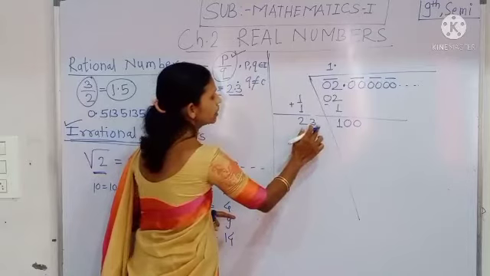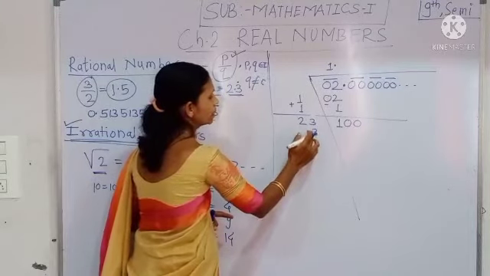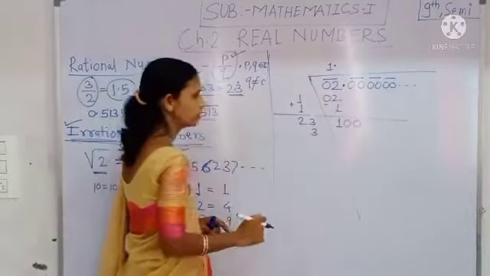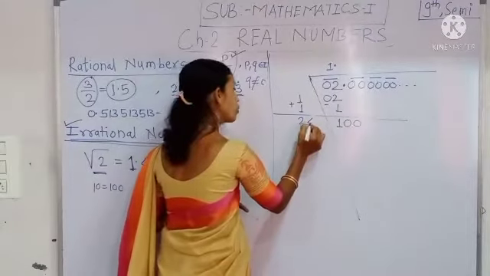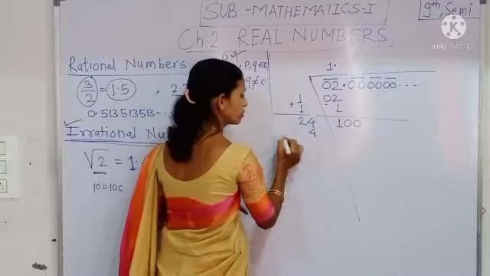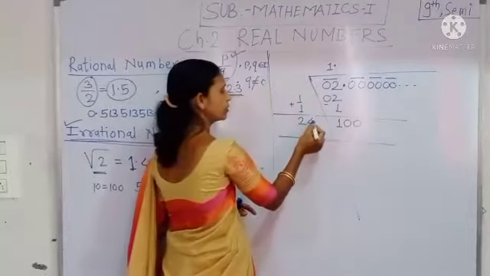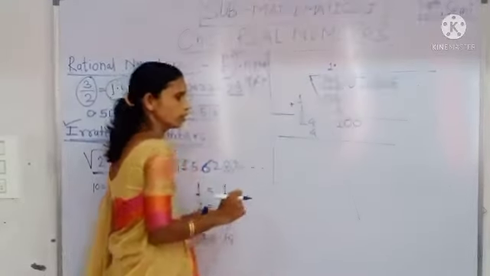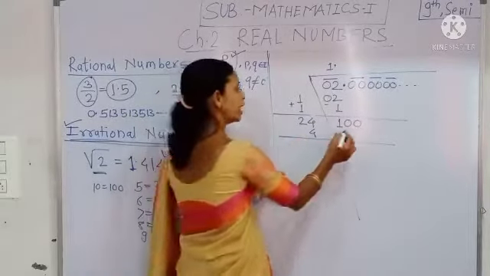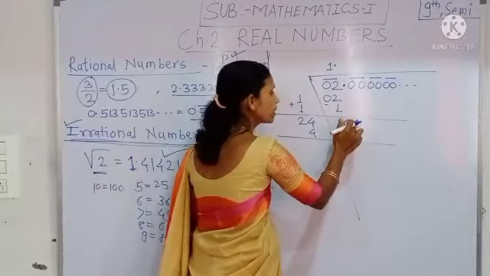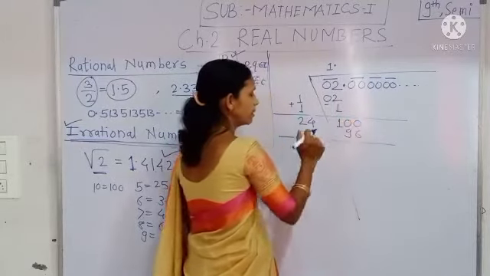Then 23 into 3, that is 69, which is also much less than 100, therefore we put here 4, and we get 24 into 4, that is 96, which is nearer to 100.